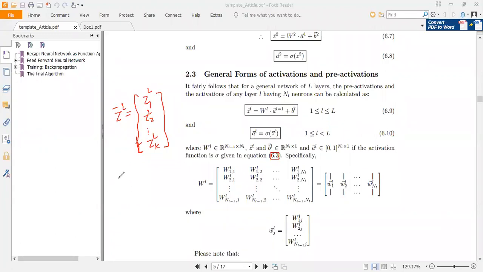Then the output of the layer, AL of J, will be equal to softmax of ZLJ, which is e to the power of ZLJ divided by the summation over K running from 1 to capital K of e to the power of ZLK. Fine. We did this in the softmax regression as well. If you have problems understanding it, please go back and watch that video or review that material. So this is what we did in the last class.